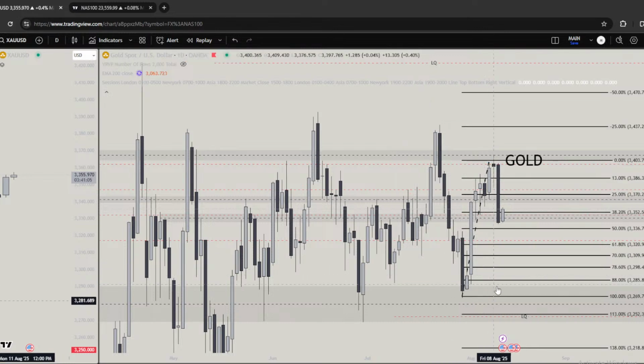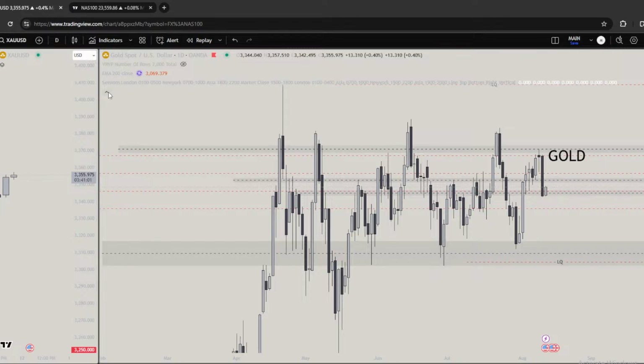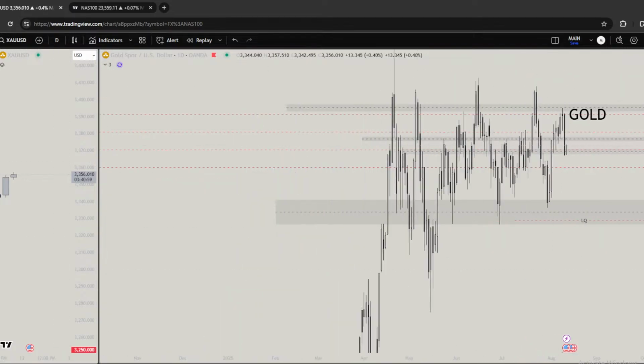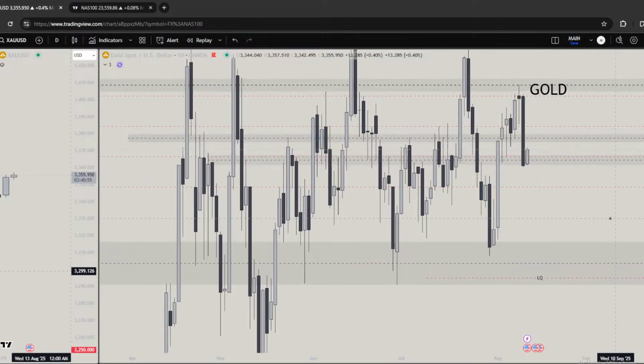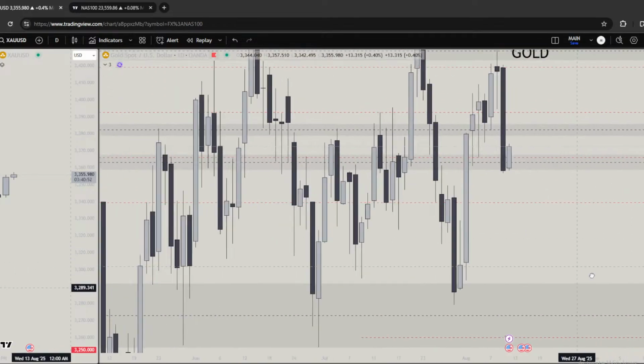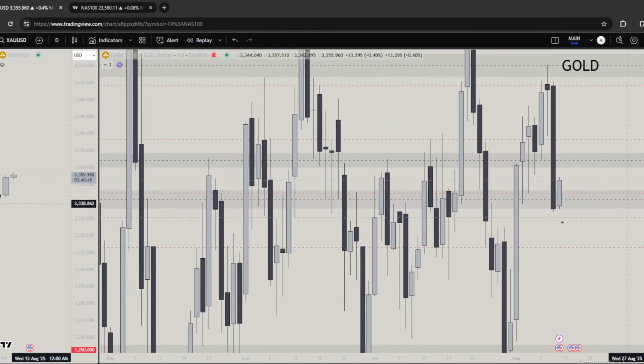I keep rerunning my levels just to see if I see something different, to see if there's anything that really stands out. The only thing would be this rejection off this quarter.